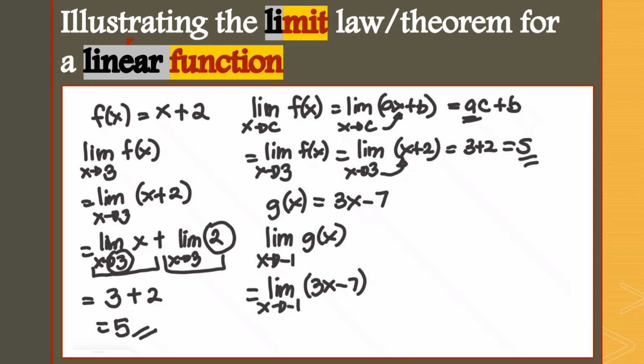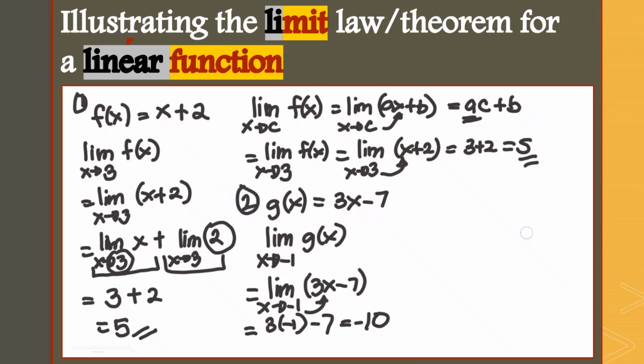Simply substituting, you will have 3 times negative 1 minus 7. That's negative 3 minus 7, which is negative 10. So you no longer need the limit of the identity function or the limit of the constant function. You simply need to use this limit theorem. This is example number 2.